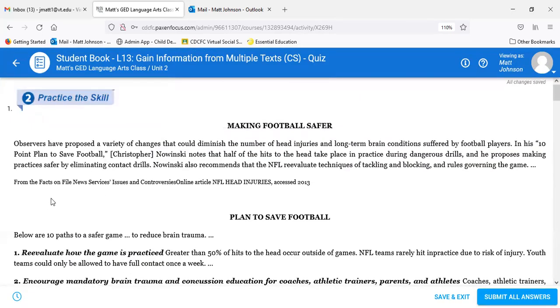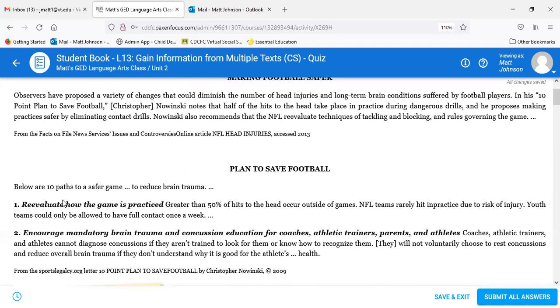So the one thing to look at here, wow, my screen was going crazy there for a sec. In that second passage, in number 1, talking about how most of those hits come outside of games, like at practice, it says NFL teams rarely hit in practice due to risk of injury. Youth teams could only be allowed to have full contact once a week.